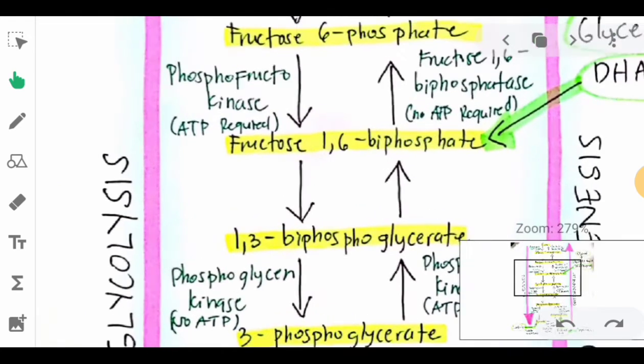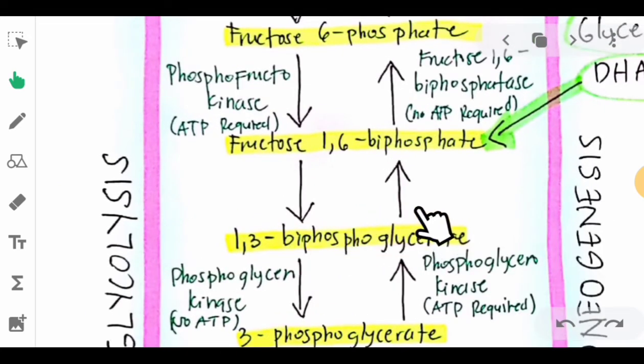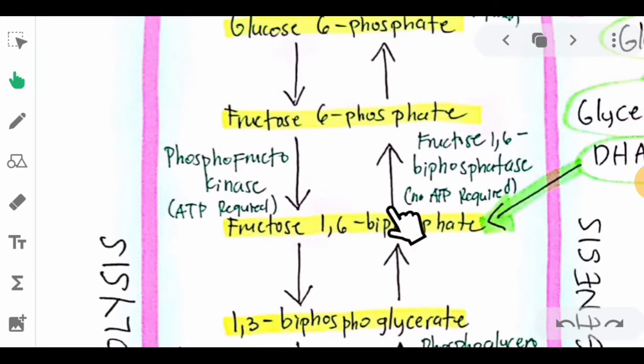Then this 1,3-bisphosphoglycerate will be converted into fructose 1,6-bisphosphate. And the fructose 1,6-bisphosphate will be converted to fructose 6-phosphate. Again, notice that phosphofructokinase in glycolysis, which initiates the conversion of fructose 6-phosphate to fructose 1,6-bisphosphate, requires an ATP because there is only one phosphate, located on the 6th carbon. But here, there are already 2 phosphates.